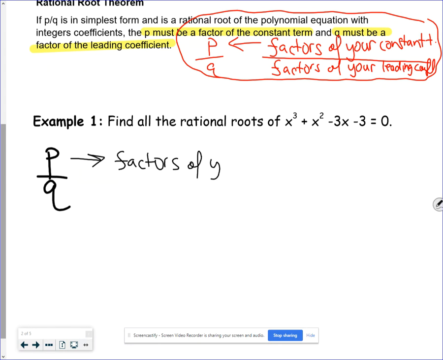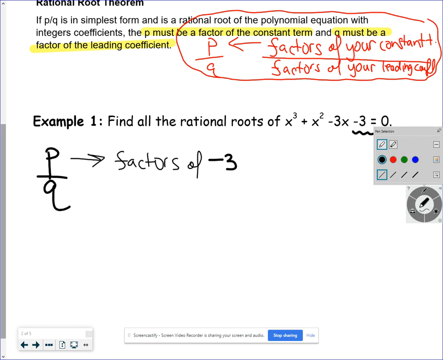What's my constant term in this equation? Negative 3. So it's going to be factors of negative 3 over factors of your leading coefficient. What's my leading coefficient? A 1.